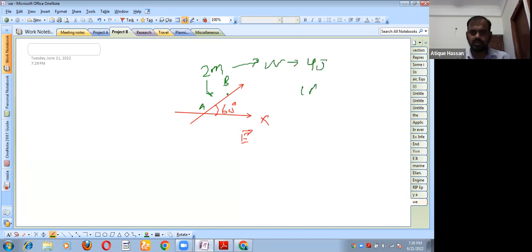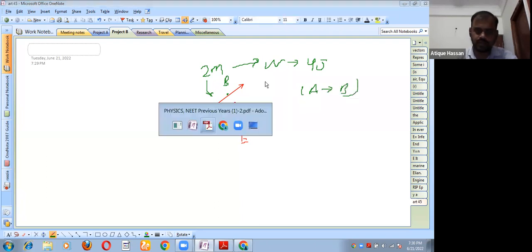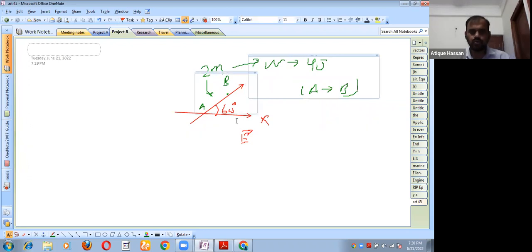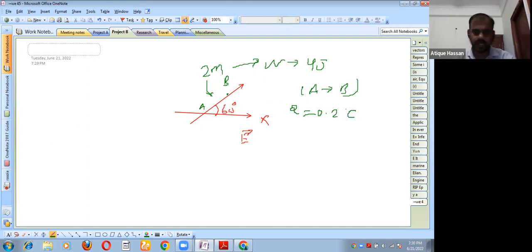The value of charge is 0.2 coulomb, right? So you are moving the charge from A to B along a direction making an angle of 60 degree with the electric field, as shown in the figure.